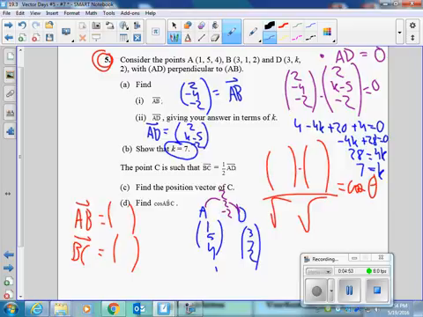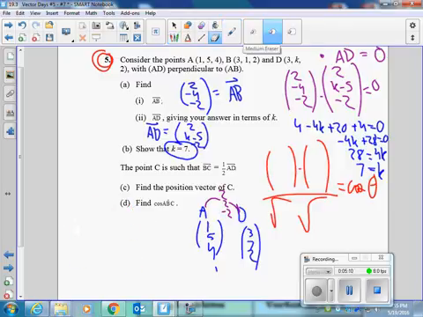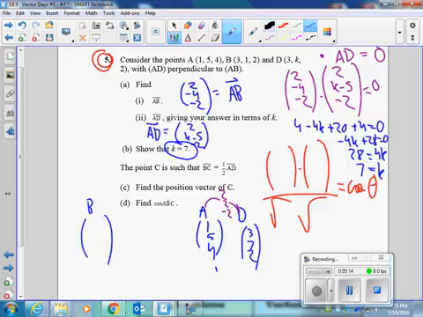So to get from A to D, I'm going to go 2, 2, negative 2. All right, what if I only wanted to go halfway there? What would I add? Yeah, it'd be half that. So if we're going half of it, we're going to add half of that. So let's do this with B. B is going to be 3, 1, 2, okay? And we're going to add half of that.